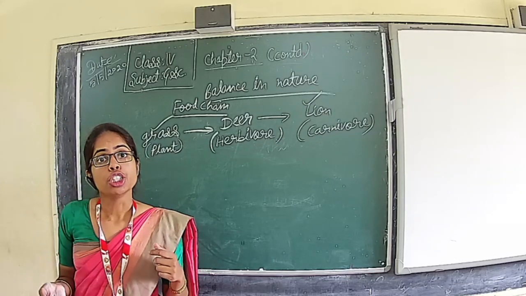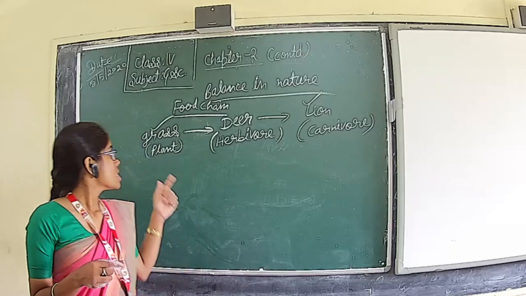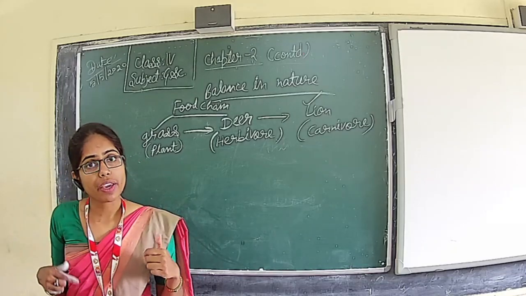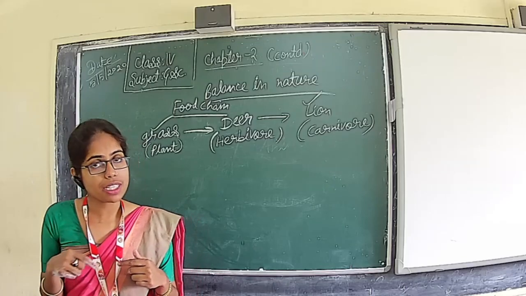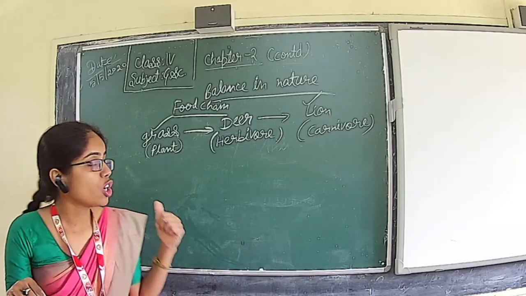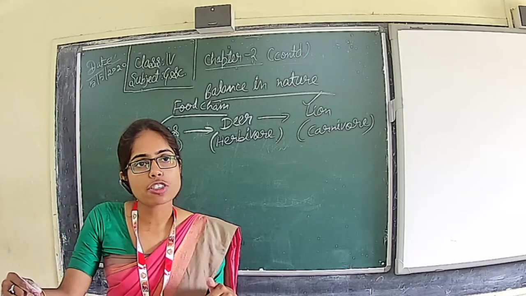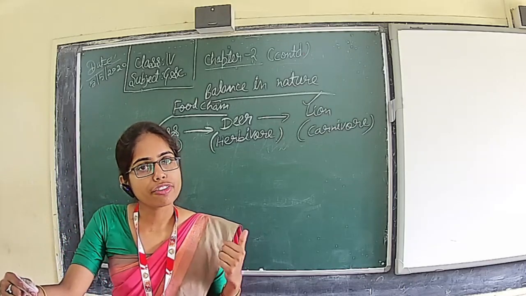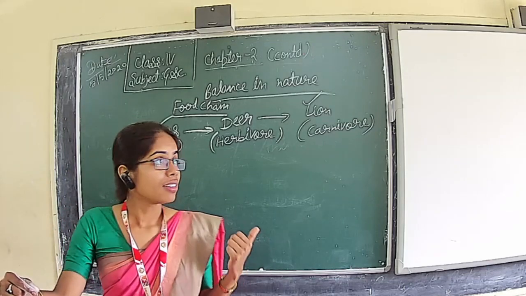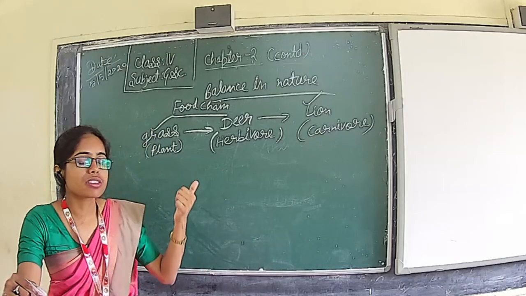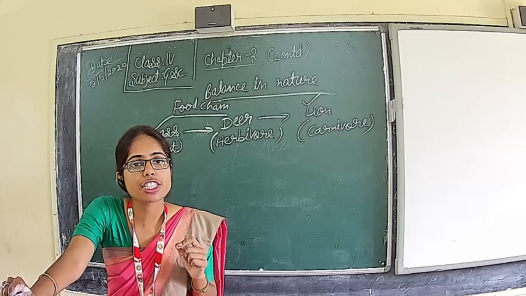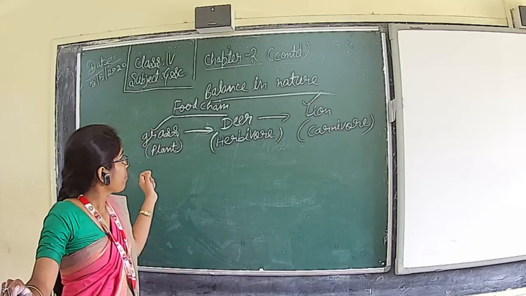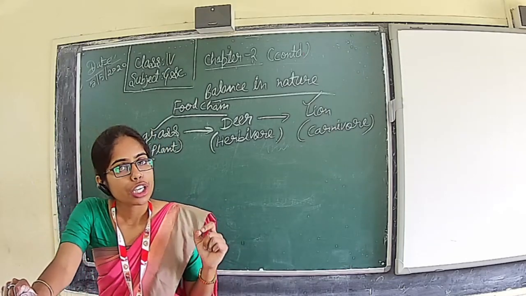Due to starvation, some animals may die, and if there are fewer animals, the plants will not get enough carbon dioxide for preparing their food. Thus in turn, this whole balance will be disturbed. So in order to maintain balance in nature, every member of the food chain is equally important.